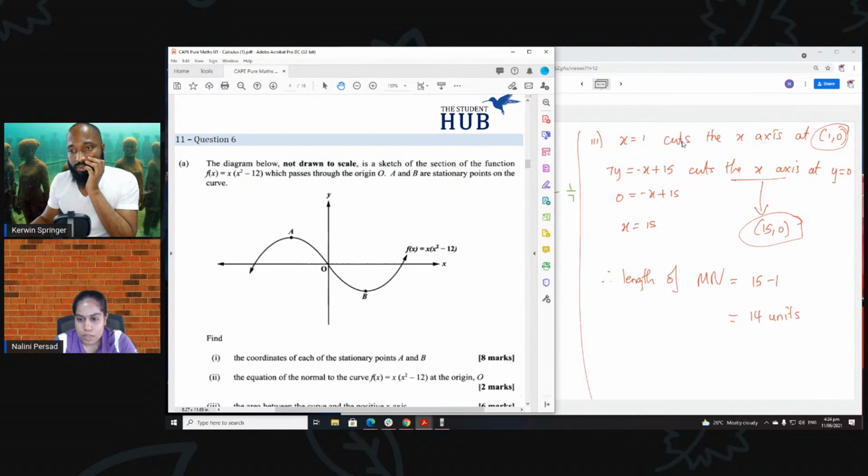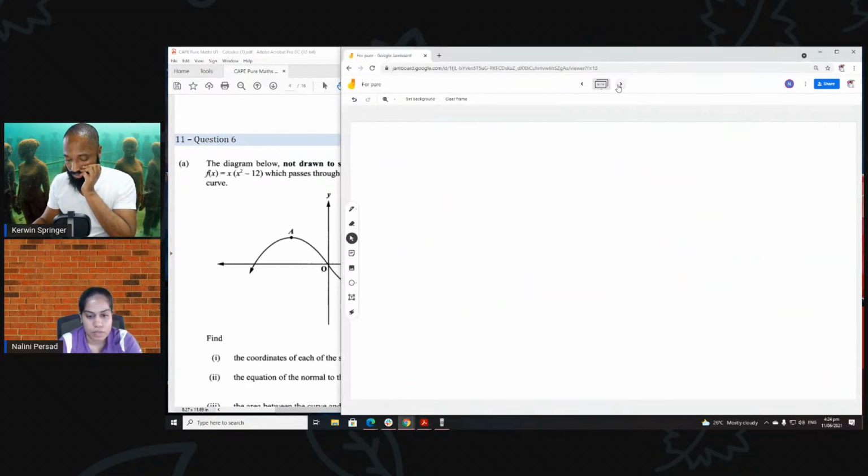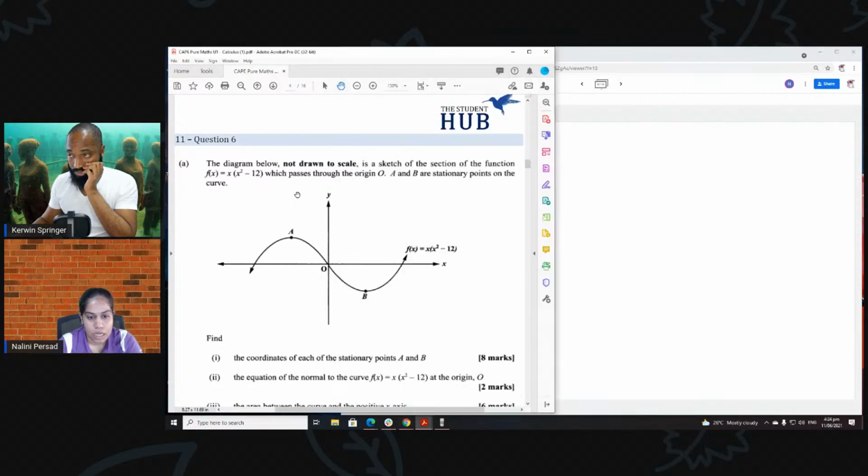So for question 6, part A, part I, we need to find the coordinates of A and B. So we are given that A and B are stationary points. So when you see the word stationary, you want to find the differential of f of x, right?